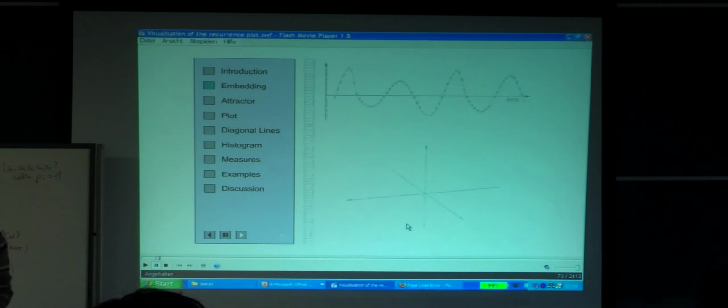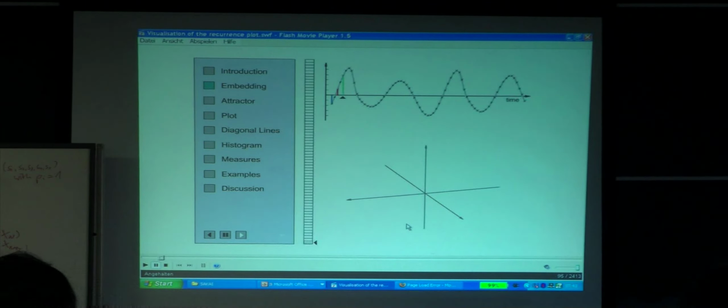The idea is that one considers, in this case, an embedded version of the time series. We take a sequence of, in this case, 3 subsequent values of the time series as an embedding, and look at how the system behaves in this 3-dimensional space.